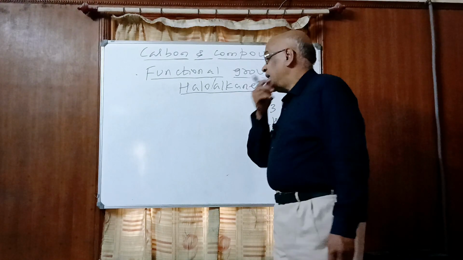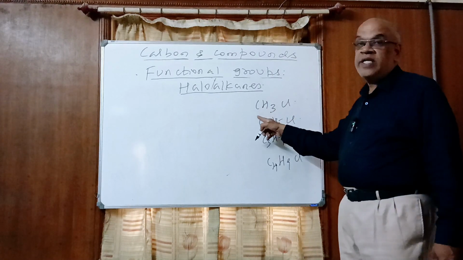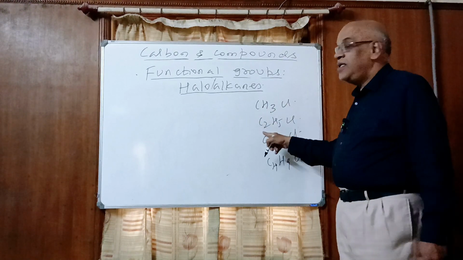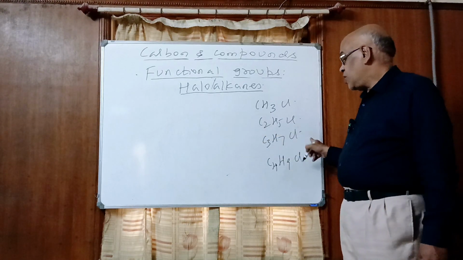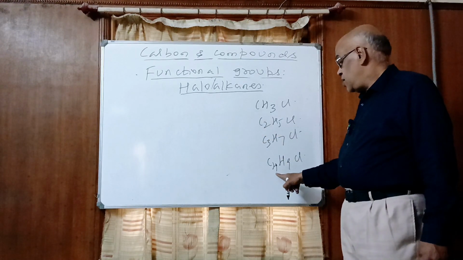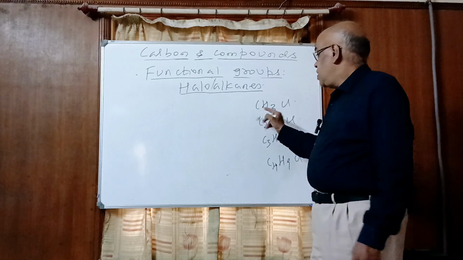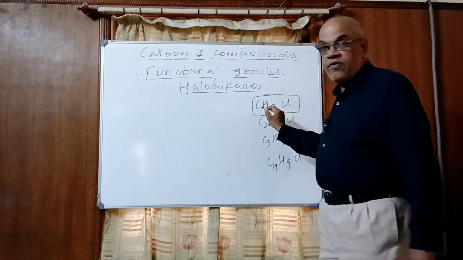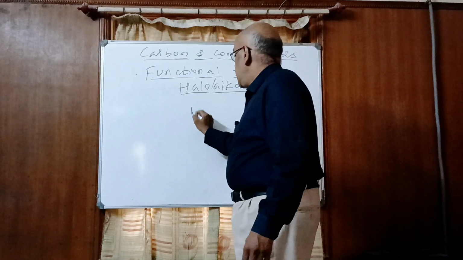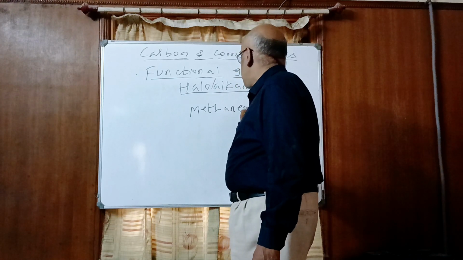Methane. Earlier name was, children, the common name, methyl chloride, derived from methane. This was called ethyl chloride. This was propyl chloride. This is called butyl chloride. Now, as per the IUPAC system, what is the name of this first compound, CH3Cl? It is derived from methane, right? Methane. Then we have to add a suffix or prefix.